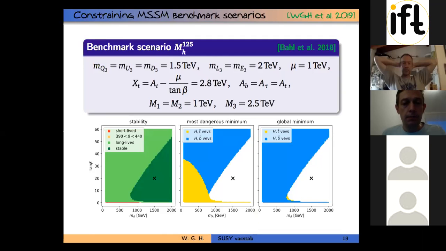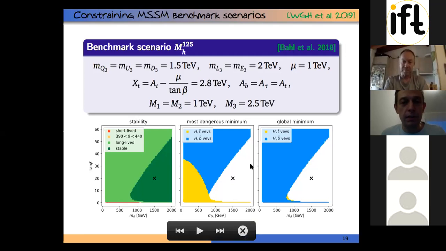Now comes the application to the famous SUSY benchmark scenario paper of our host and his collaborators from 2018. We chose some of these benchmark points to do our own vacuum stability analysis, and of course the most interesting one is this M_h^125, where the parameters are given here.